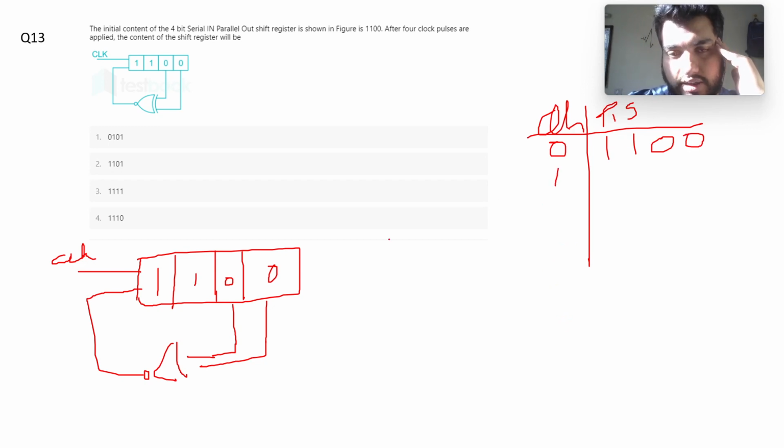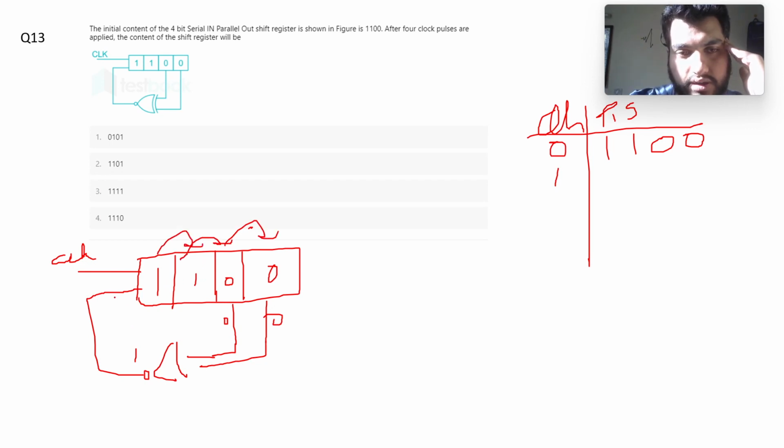In the next clock cycle, these two bits are XNORed, so 0 XNOR 0 gives 1. So 1 will go as the serial input, and the other bits shift right.